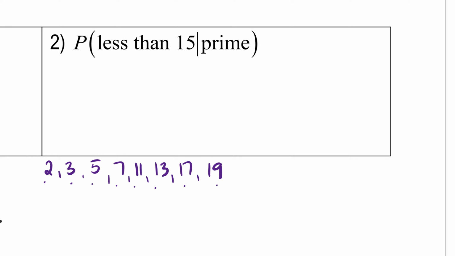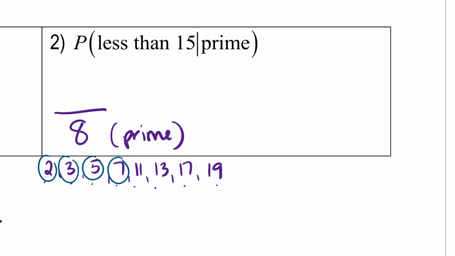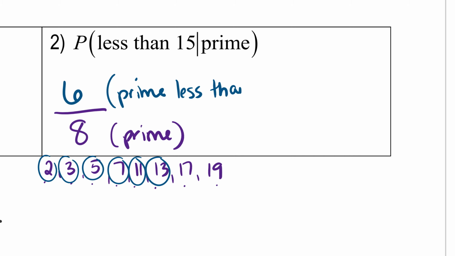So I have 8 prime numbers. Now, out of those prime numbers, how many are less than 15? Okay, we have 1, 2, 3, 4, 5, 6. So I have 6 that are prime and less than 15.